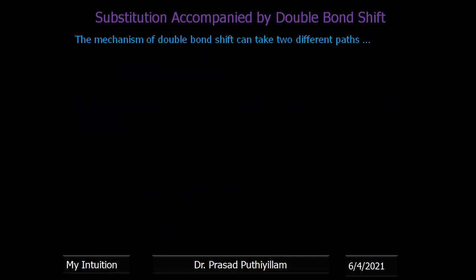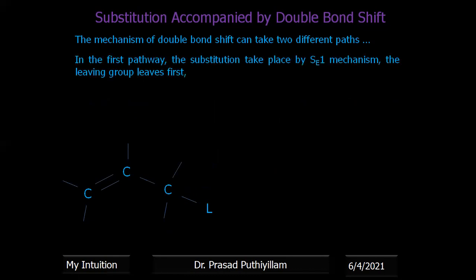The mechanism of double bond shift can take two different paths. The first path is one in which the substitution takes place by the SE1 mechanism. The leaving group leaves first. That means the L, the atom or group of atoms which you want to be replaced, leaves first in this mechanism.